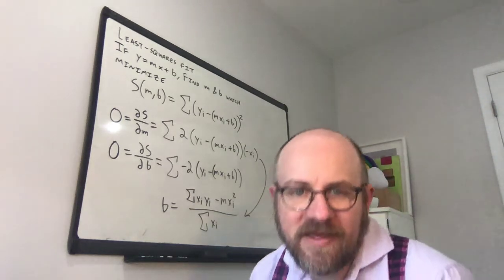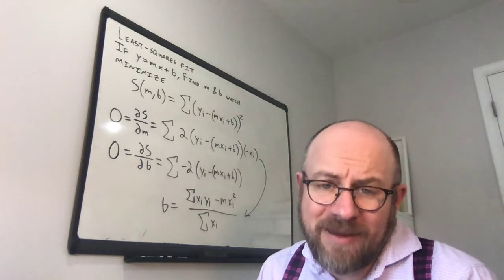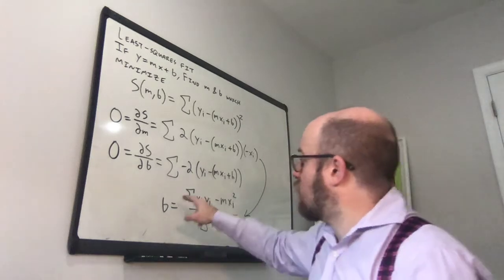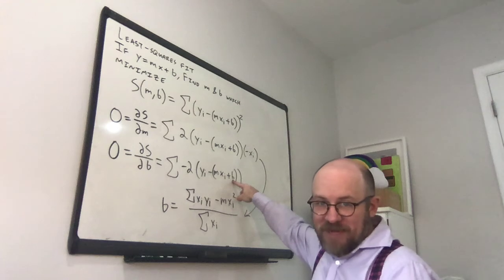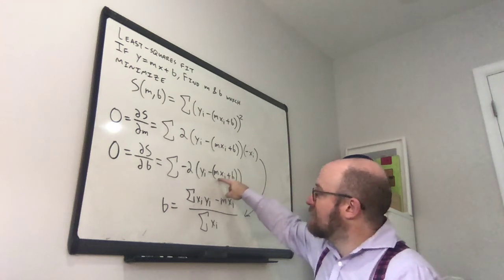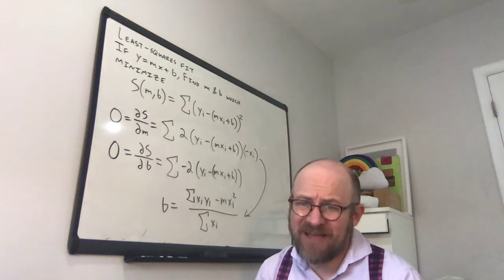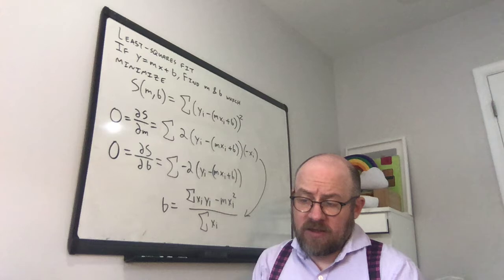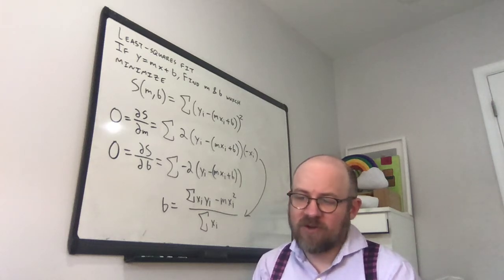The 2's cancel out on both sides, so you can solve for that pretty easily. You can plug that into the other equation. So if you take all of this and plug it in for this b, then you can solve for m in terms of xi and yi. It's a lot of algebra. If you want to see it, it's in the textbook or any kind of source on regression.